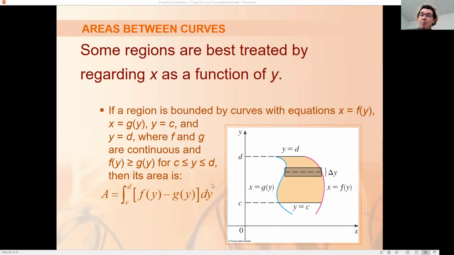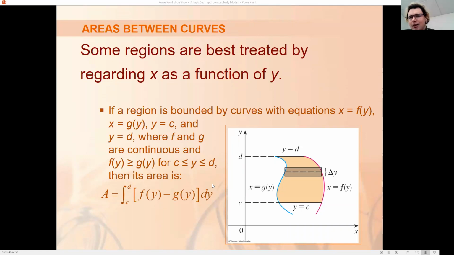And as it happens, both of these curves can be represented as functions of y. So you could think of a horizontal line test telling us that each of the curves meets a horizontal line in only one place. And for that reason, I can write them as x equals a function of y.